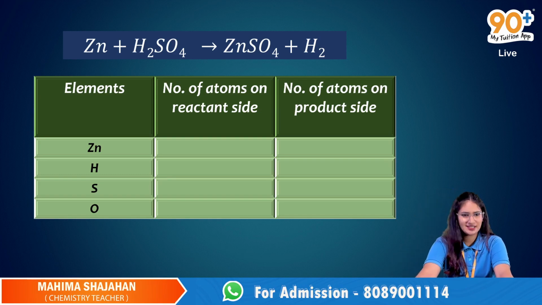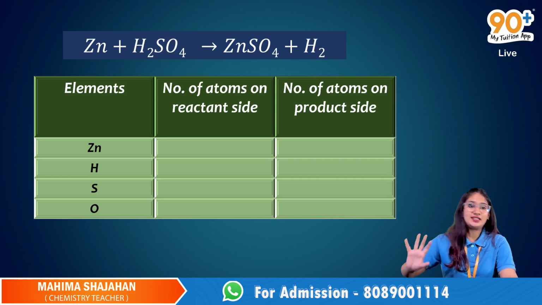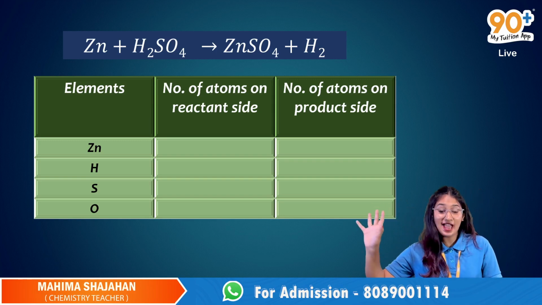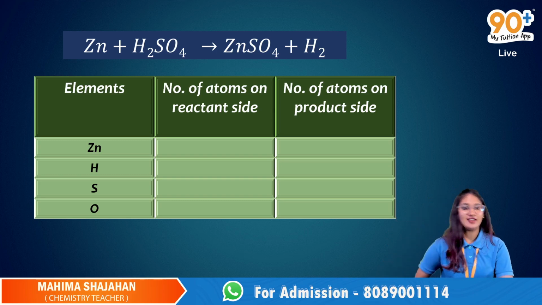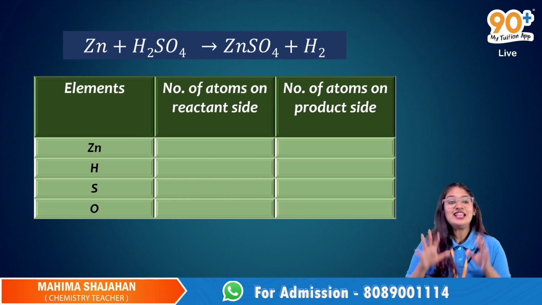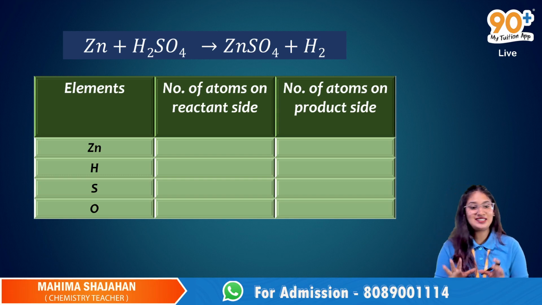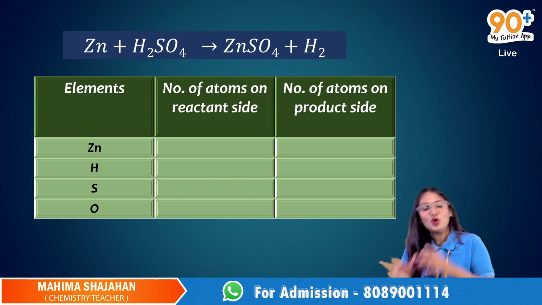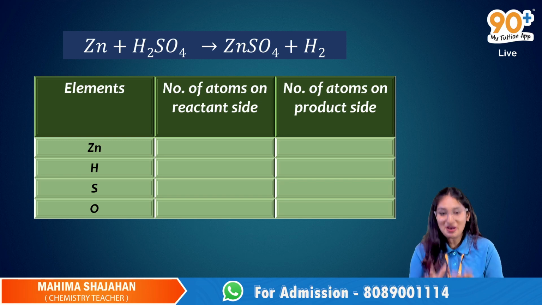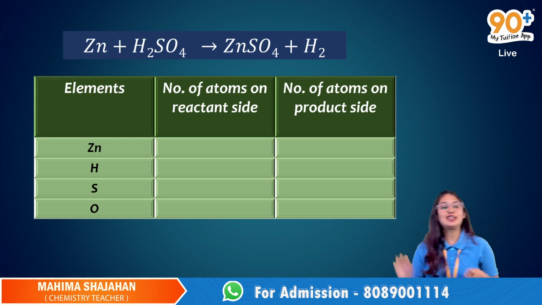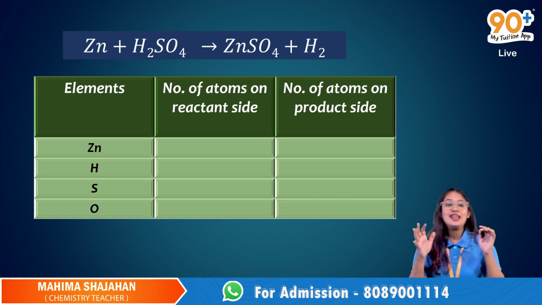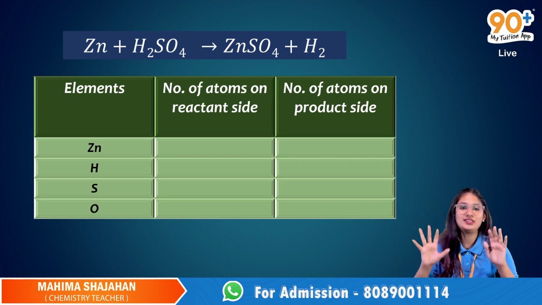In other words, the sum of the mass of the products will be equal to the sum of mass of the reactants. In another sense, the number of atoms present in the reactant side will be equal to the number of atoms present in the product side. The atoms of the elements on the product side and reactant side will always be equal.